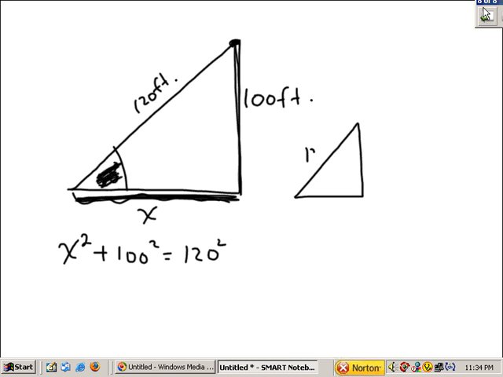You can divide all sides by 10. And you can say x squared plus 10 squared is 12 squared. And just for the record, if it turned out that x was 6, well then your x here would be 60. It will be 10 times.